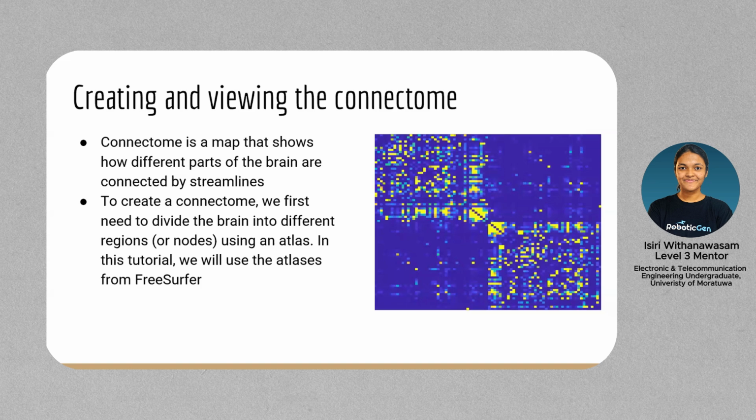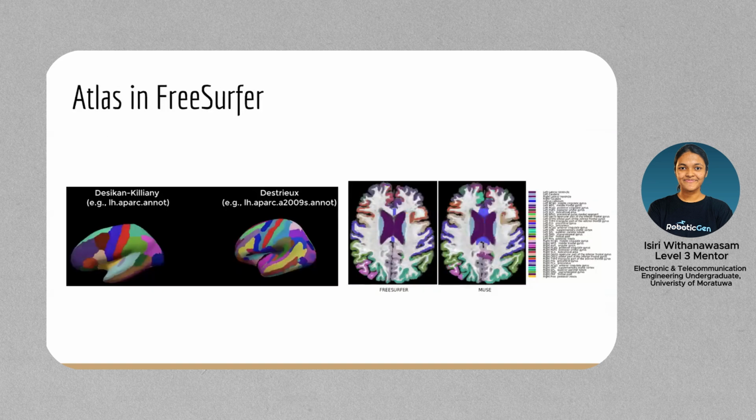To create the connectome, we first need to divide the brain into different regions using an atlas. I think you have all heard about the atlas of the world. It's the map of the world. So the atlas of the brain is also a map of the brain. There are many atlases founded by many researchers.